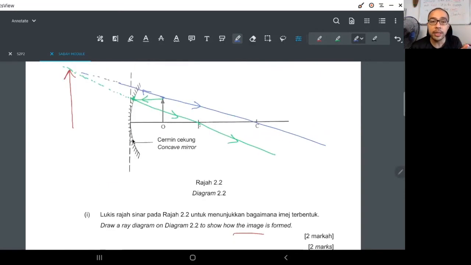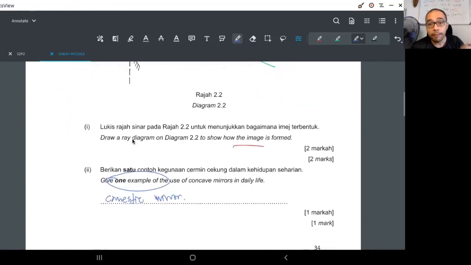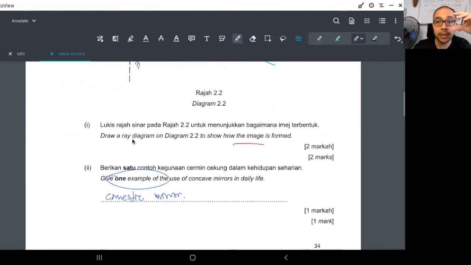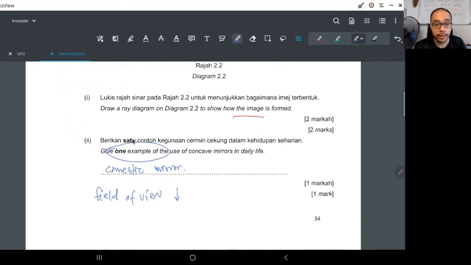Generally, concave mirrors are used in this situation to make the objects look bigger, but it makes the field of view, medan penglihatan, smaller. Objects will be bigger.